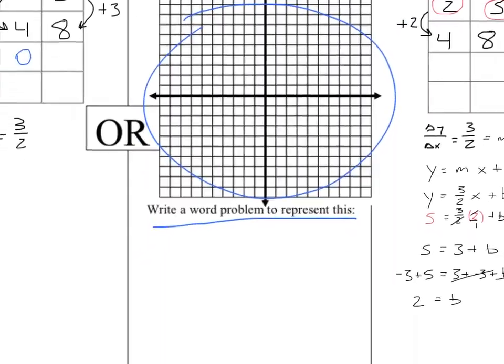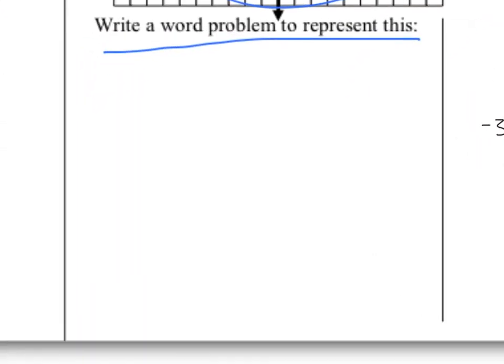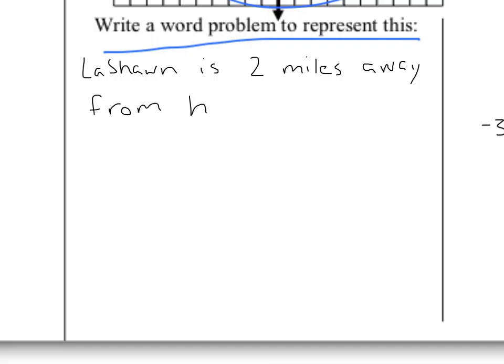So I'm going to come over here, and I'm going to start by saying, LaShawn is already 2 miles away from her house.